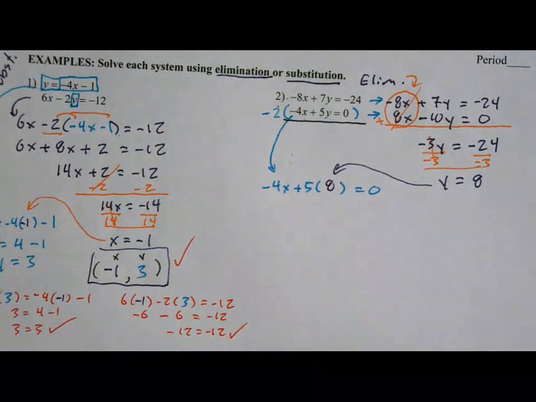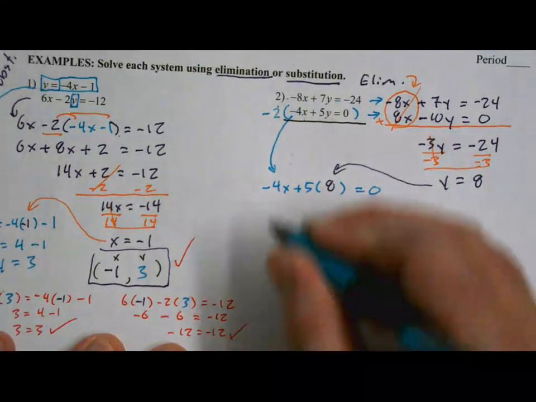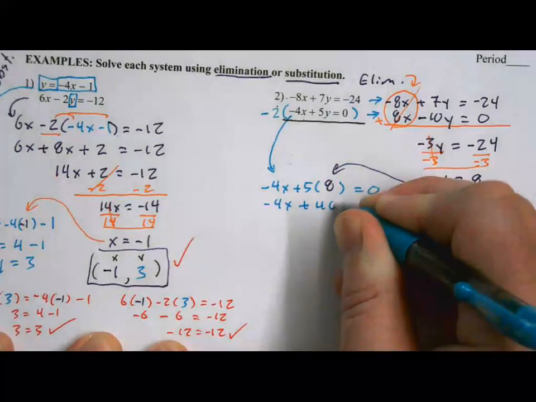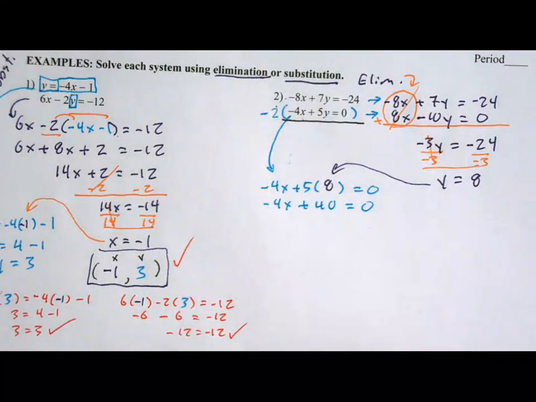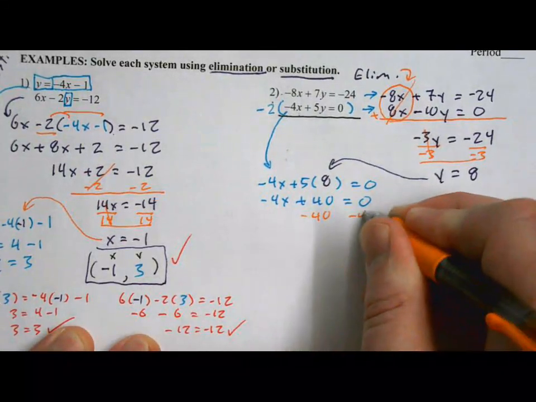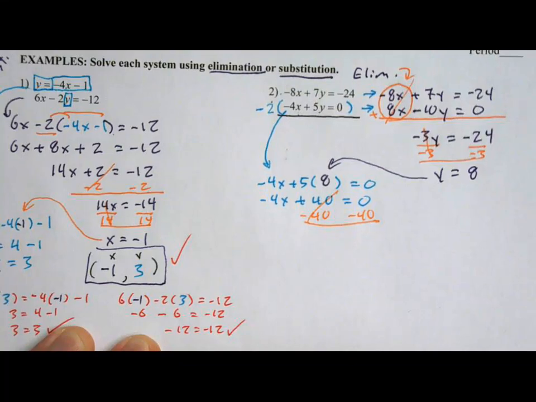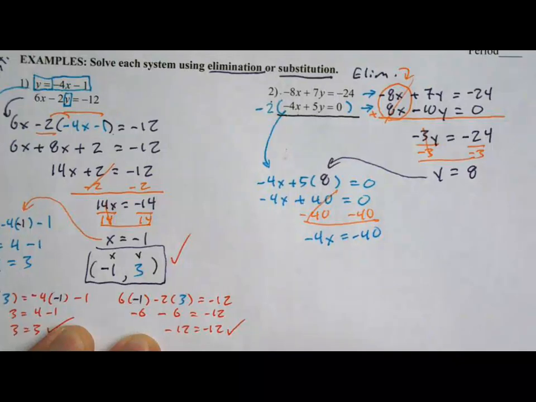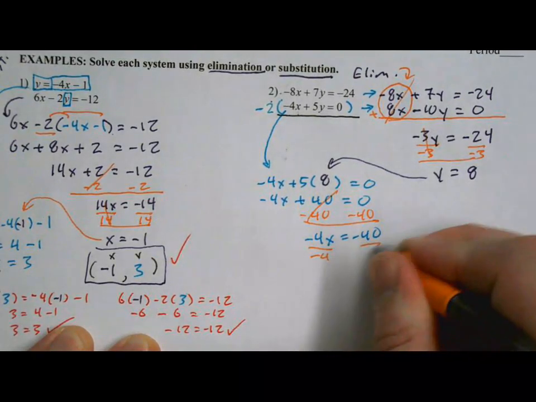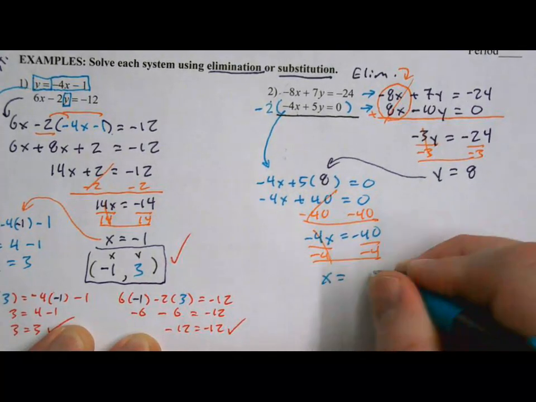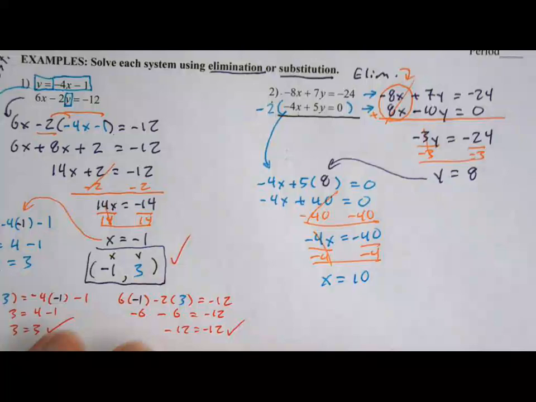Now I can go ahead and solve this equation. So let's simplify. 5 times 8 is 40. And we'll do some steps of algebra to get this x by itself. Negative divided by a negative would be a positive.